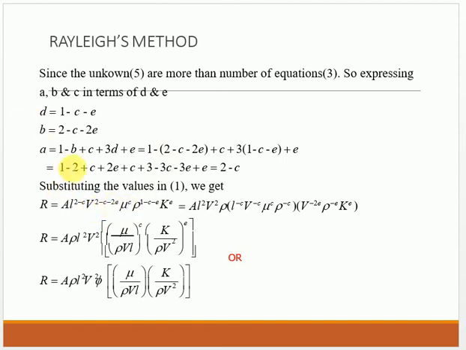Mu power C, which doesn't have any value. Rho power d, where d is 1 minus C minus E. K power E, which doesn't have any expression, so K power E.